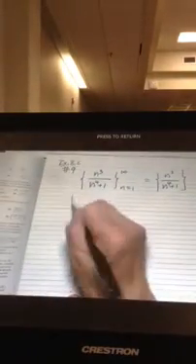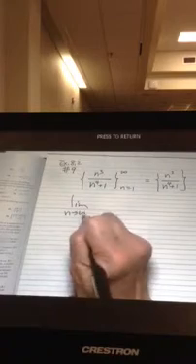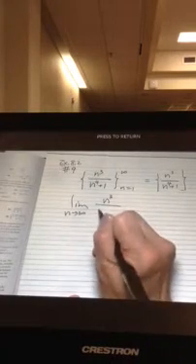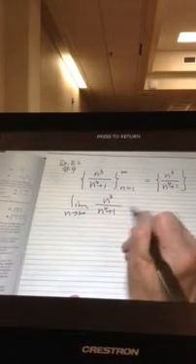Okay? So we're going to determine this. Now, how do we do a problem like this? In other words, I'm not looking for this. So this is the nth term. So what is this? That's the question.